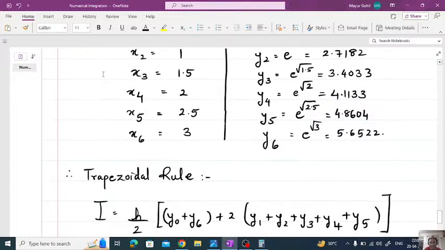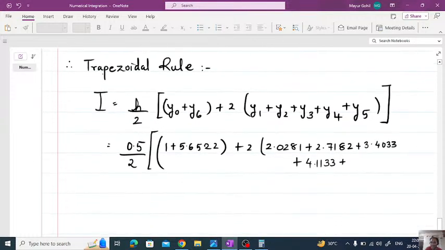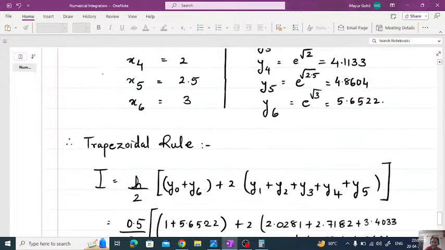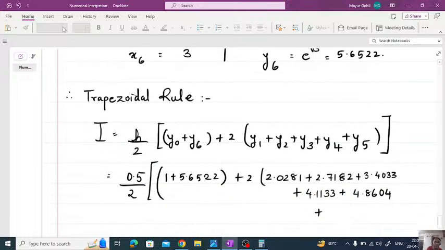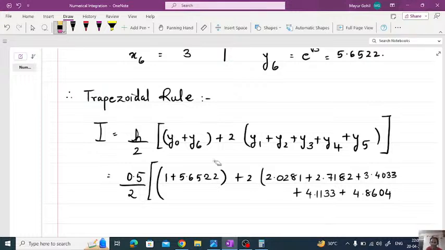So here you will have 4.1133, then there will be 4.8604, and last is, yeah, that's the last, right? That is the last value we have, and so you add this up because yn is already taken. y6 is done. So you add them up and tell me how much you get.